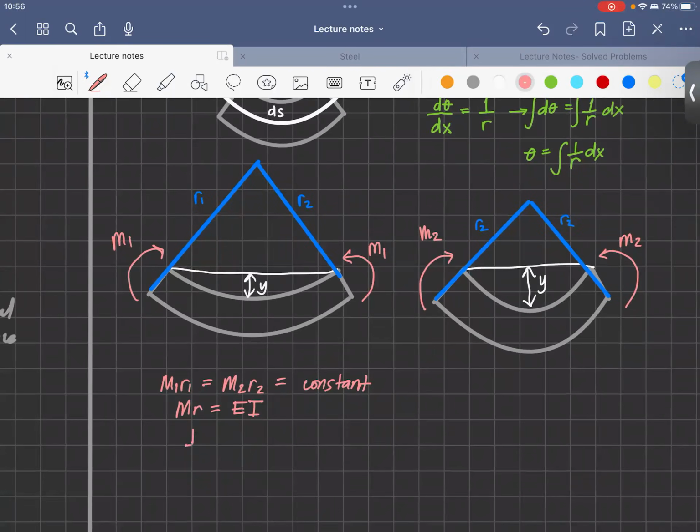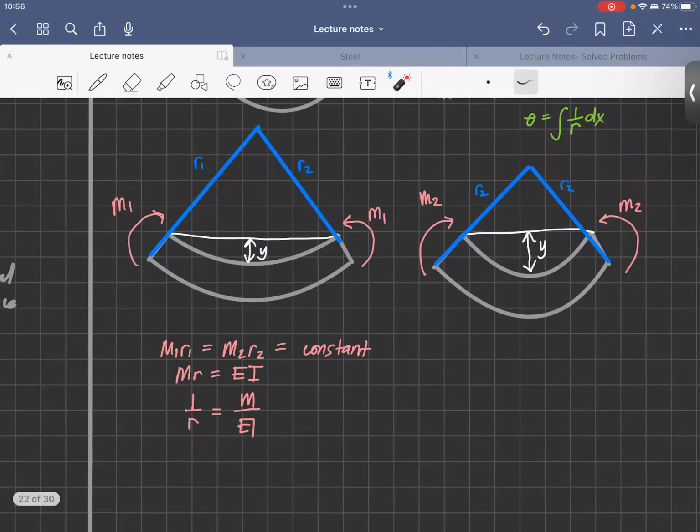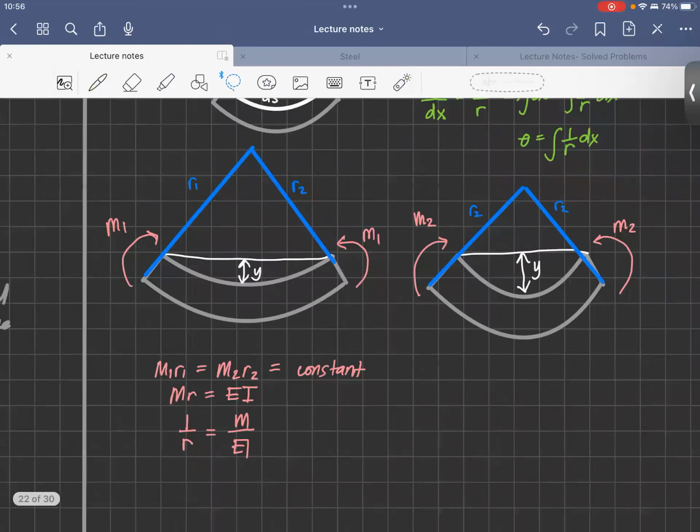So, 1 over r is equal to M over EI. Okay? So, I'm going to copy this equation.